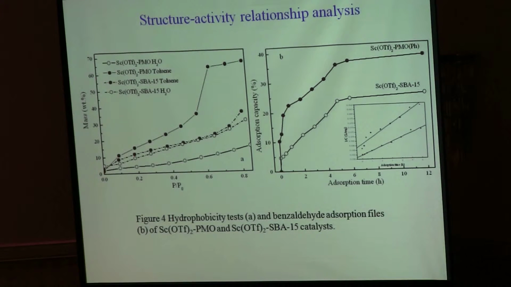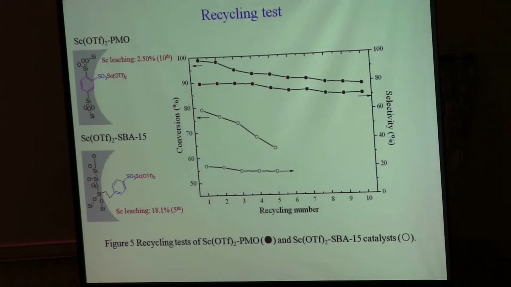So it means it can selectively adsorb the reactant. We also did a benzaldehyde adsorption test. You can see that compared with SBA-15, it can selectively adsorb benzaldehyde. And for the solid catalyst, we need to do a recycle test.